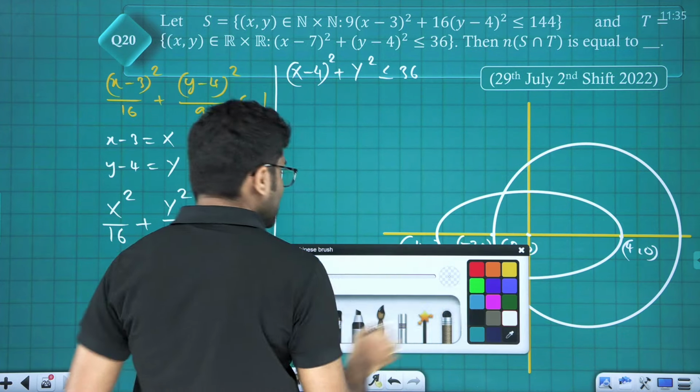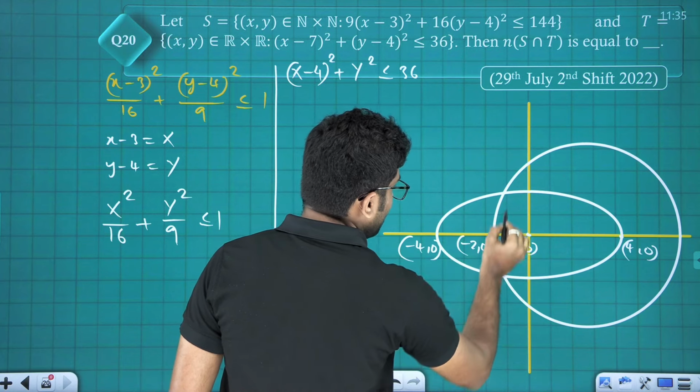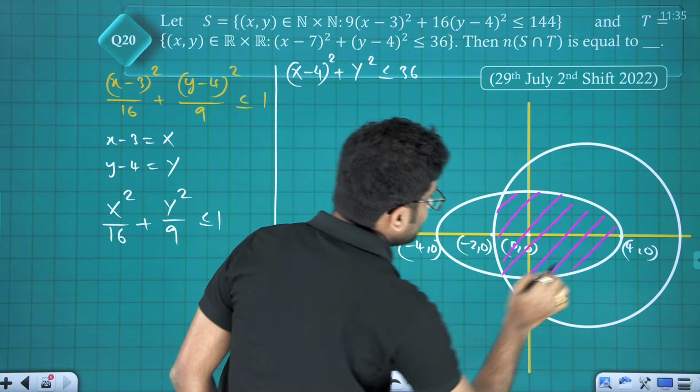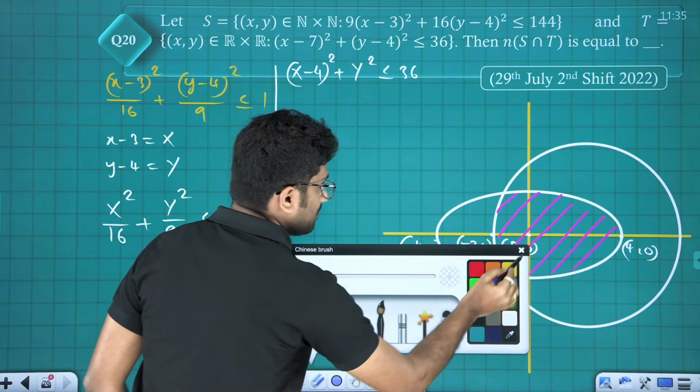Now what are all the points that we need? S intersection T means, friends, these points we need. The set of all these points such that only integral coordinates. Now let's see this.